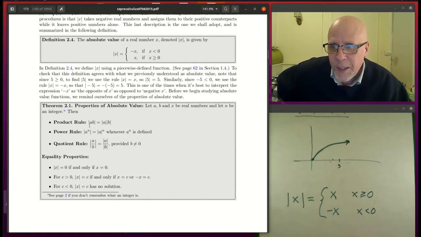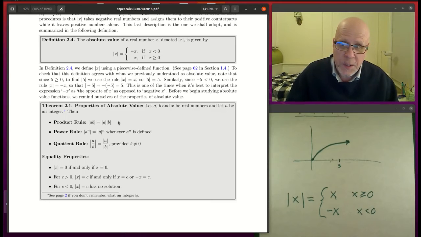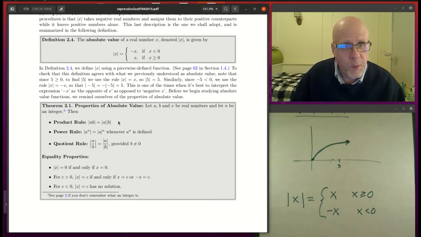So you should play with that rule a little bit and make sure that you buy it, because I'm really stating it here without proof. But it basically looks like you can distribute the absolute values. If you have the absolute value over a product, just put it on each part.